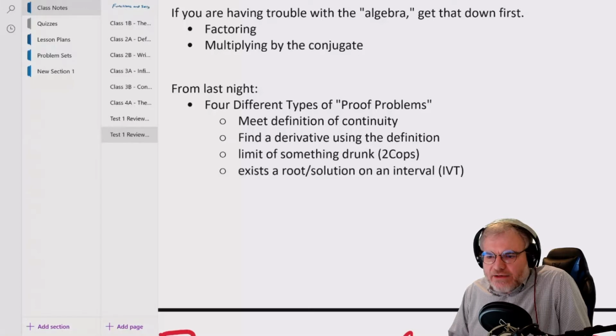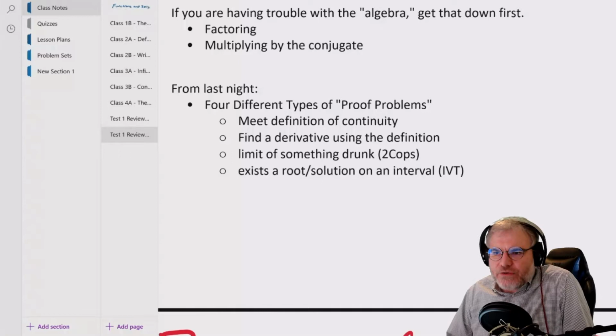I have a lot of non-voters here. This is a test review, guys. Please vote. I don't know what you find difficult if you don't vote.